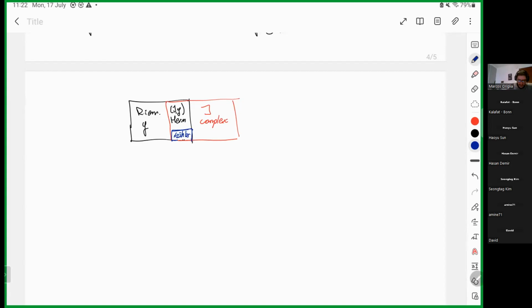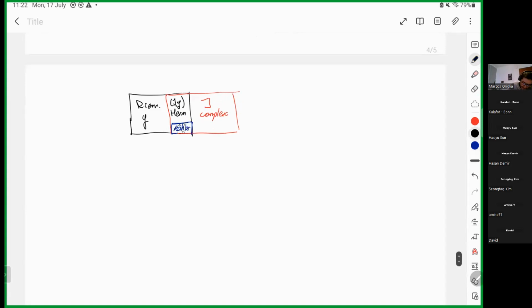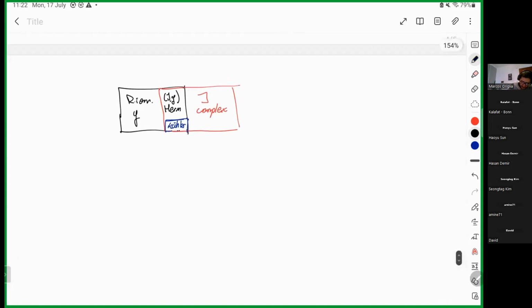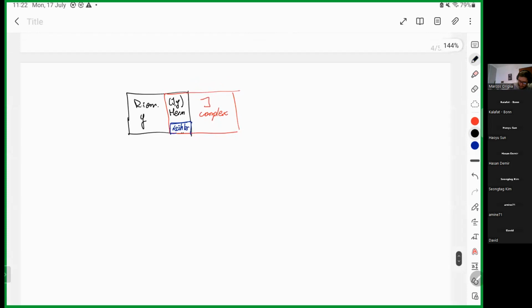But what we want to do now is just to increase this class. So yeah, the picture is not really good. So we need to increase, let me just say here. So we have the Hermitian part, and a little part of this is the Kähler.